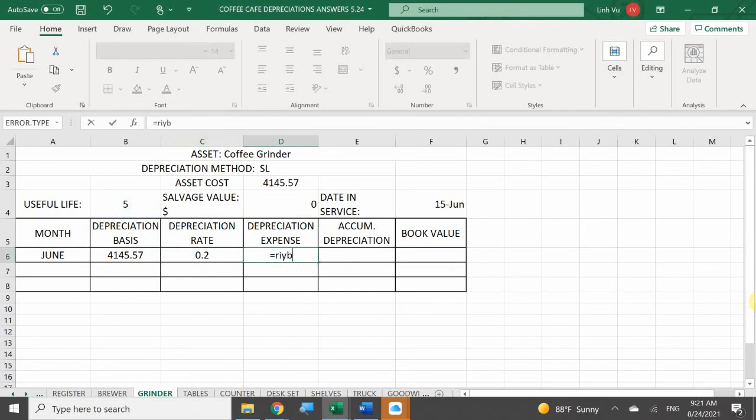Okay. So therefore, what is going to be the depreciation for the month of June? $69.09. Good.